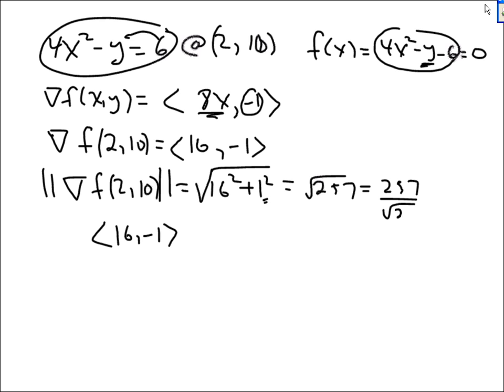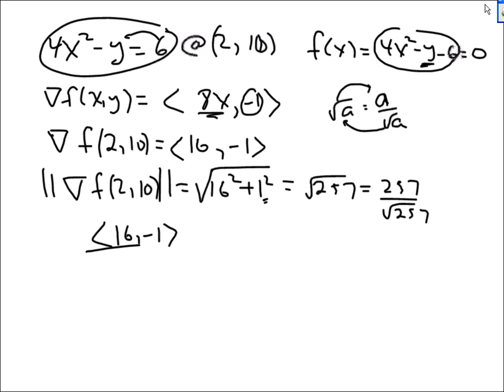The square root of a is a over the square root of a. I know it is, because square root of a times square root of a is a.